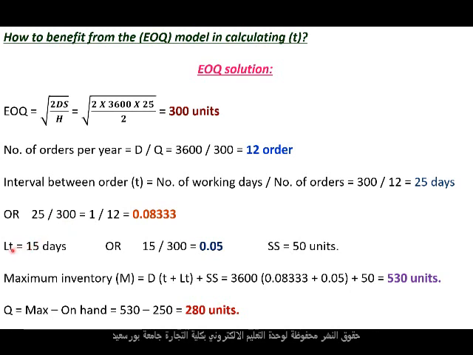Lead time equals 15 days. SS is 50 units of safety stock. Maximum inventory equals D times T plus LT plus SS. The answer will be 530. Quantity is maximum inventory minus on hand, which will be 280.